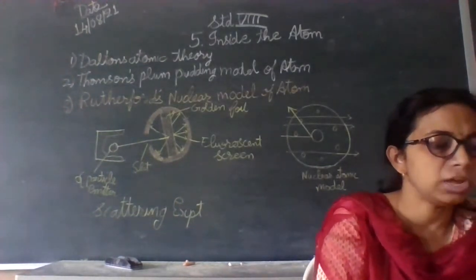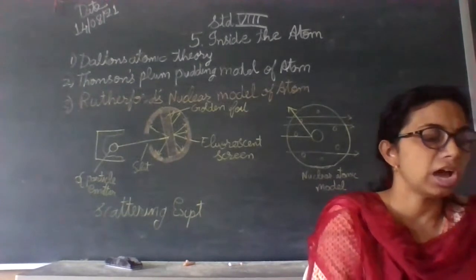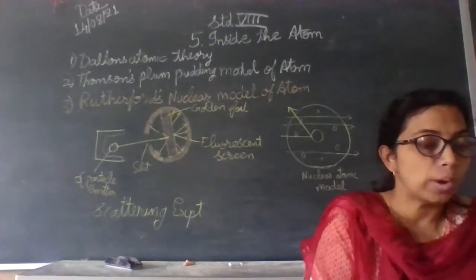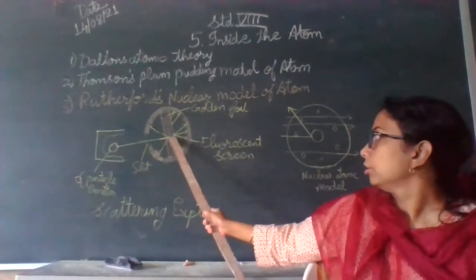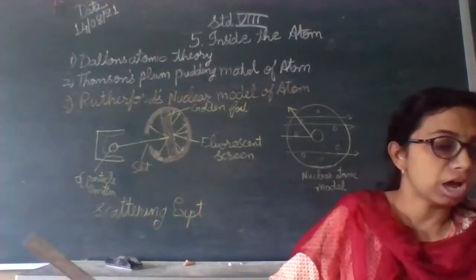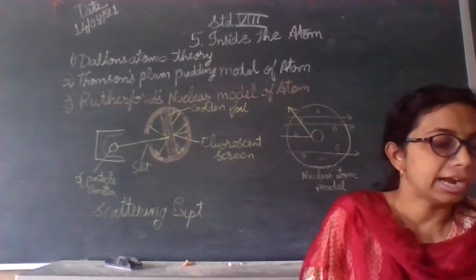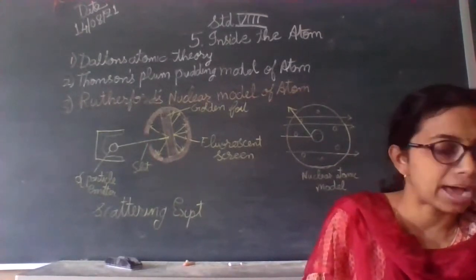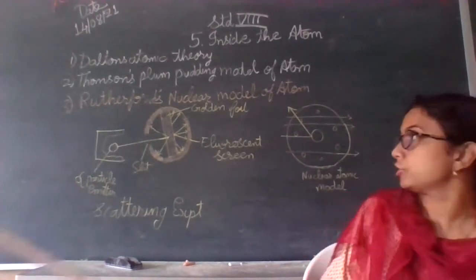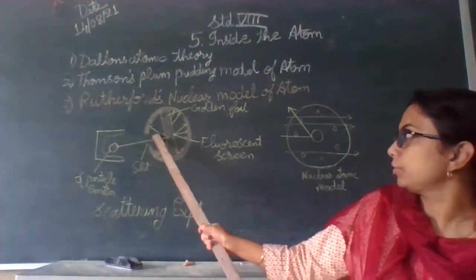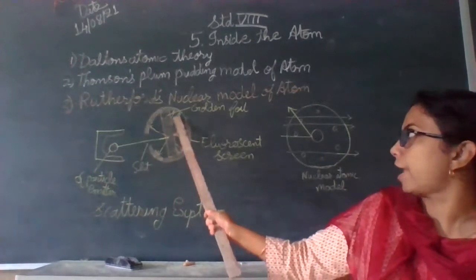But unexpectedly, what happened? Most of the alpha particles went straight through the foil. You can see, they went straight through. And a small number of alpha particles got deflected from the original path. You can see some deflected here, some went there.